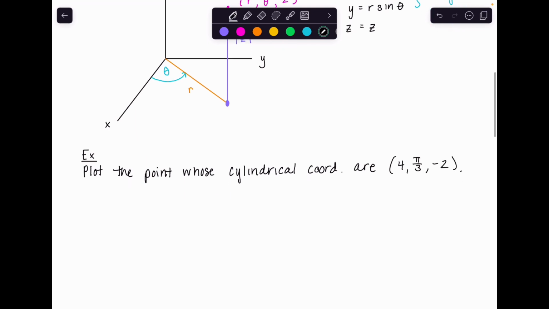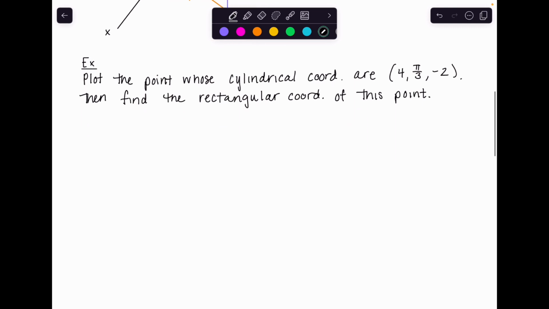Once we plot it, then we're going to find the rectangular coordinates for this point. Okay. So if we want to plot this, our radius is going to be 4, our angle is pi over 3, and then the z coordinate is negative 2.